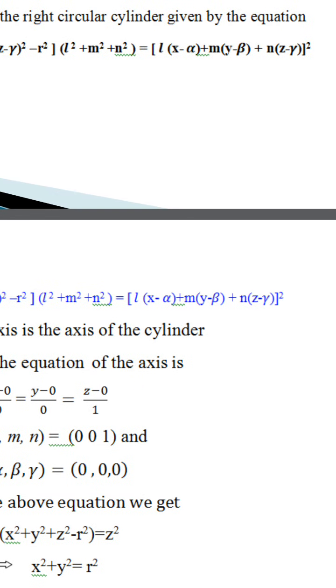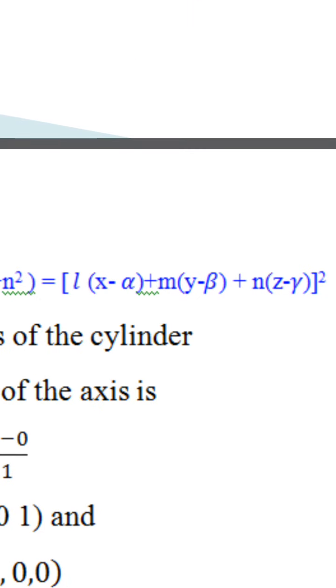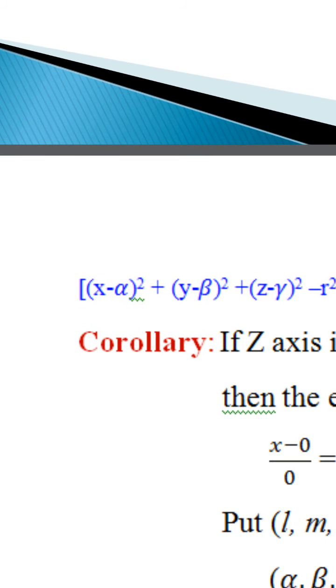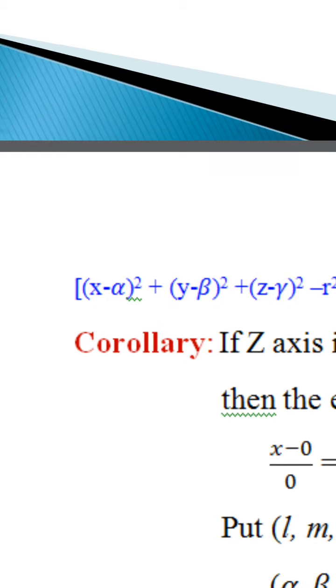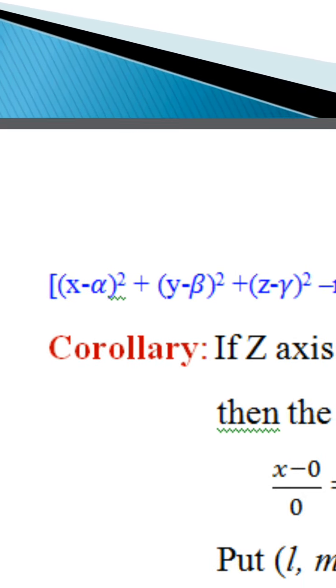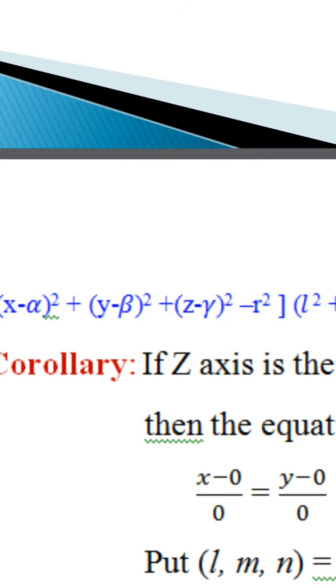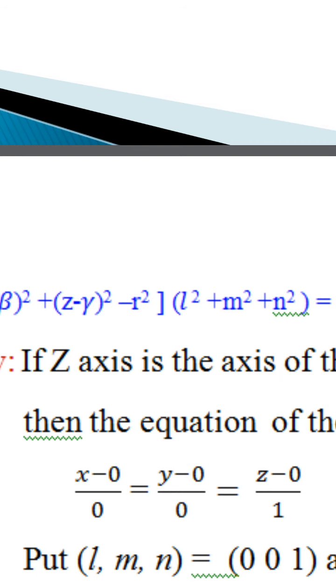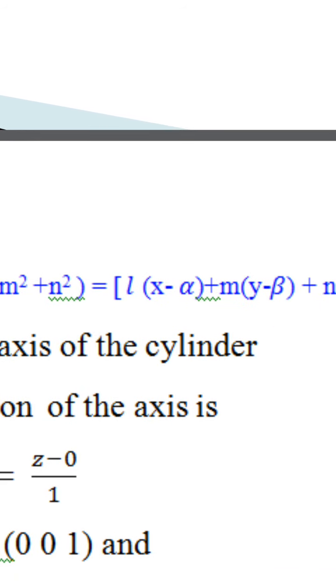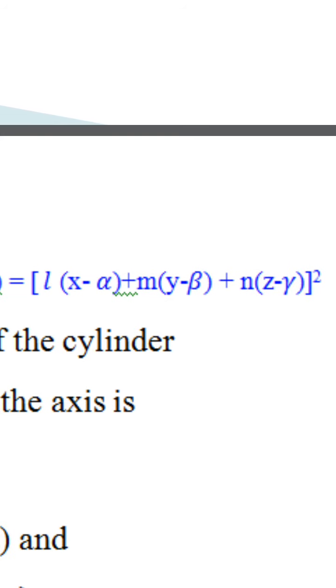First of all, you have to write down this formula, so don't get confused here. (x minus alpha) whole square plus (y minus beta) whole square plus (z minus gamma) whole square minus r square, this is one term, into (l square plus m square plus n square) is equal to (l into (x minus alpha) plus m into (y minus beta) plus n into (z minus gamma)) completely squared, right?